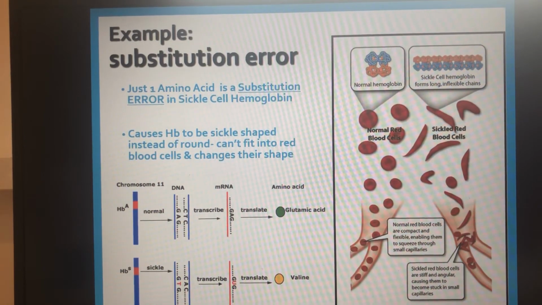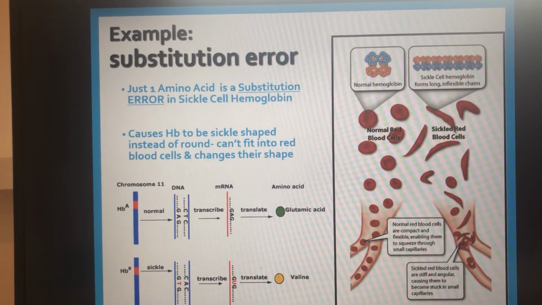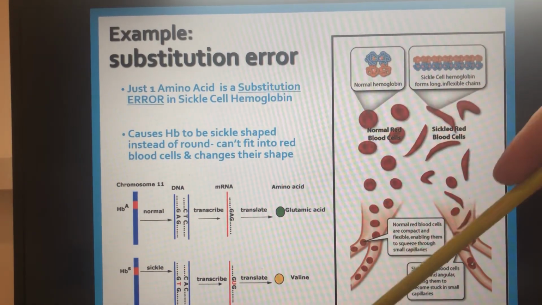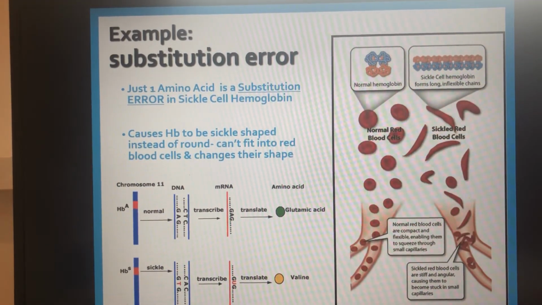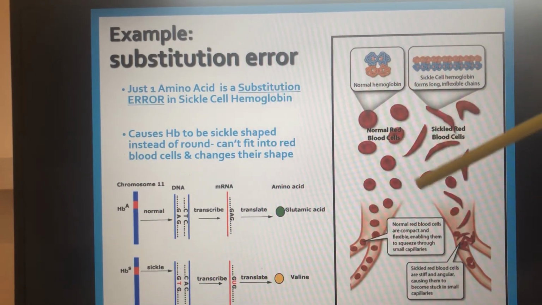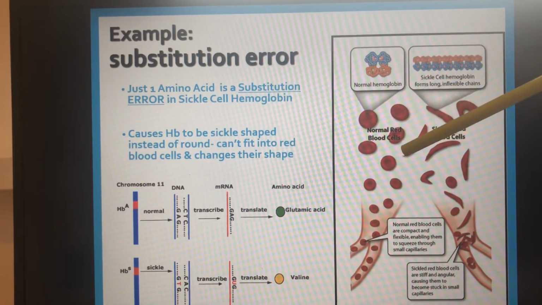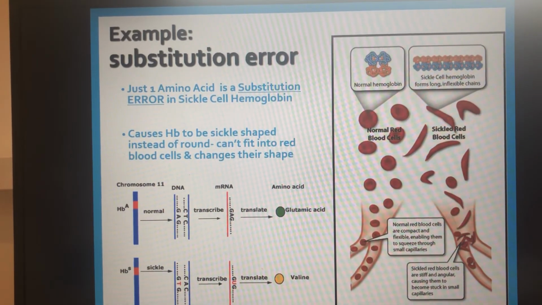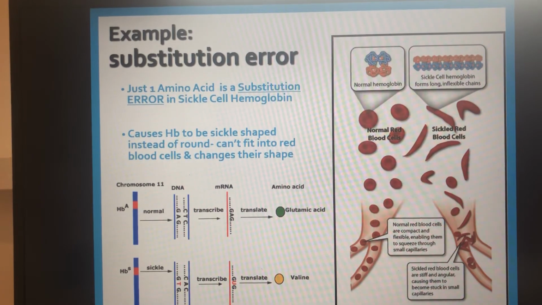Instead, we have GUG, which, if we translated that and used our coding chart, we would get valine instead. So one letter caused us to get the wrong amino acid, and the result is we have a sickle-shaped cell, or a sickle-shaped red blood cell, okay?